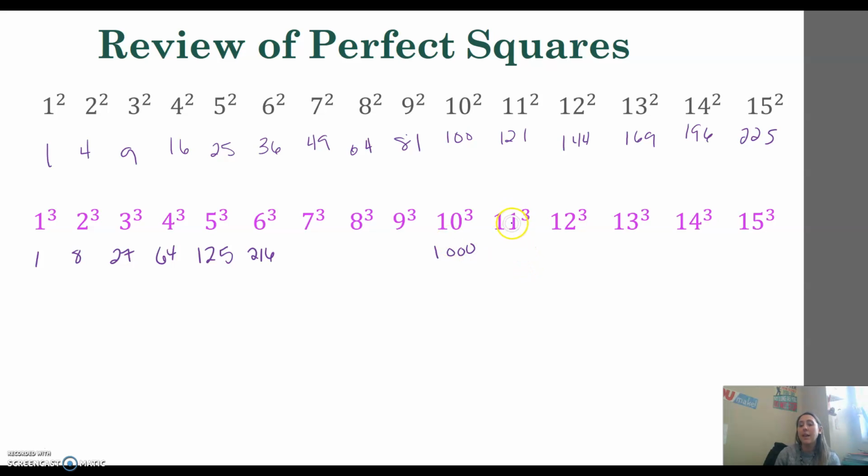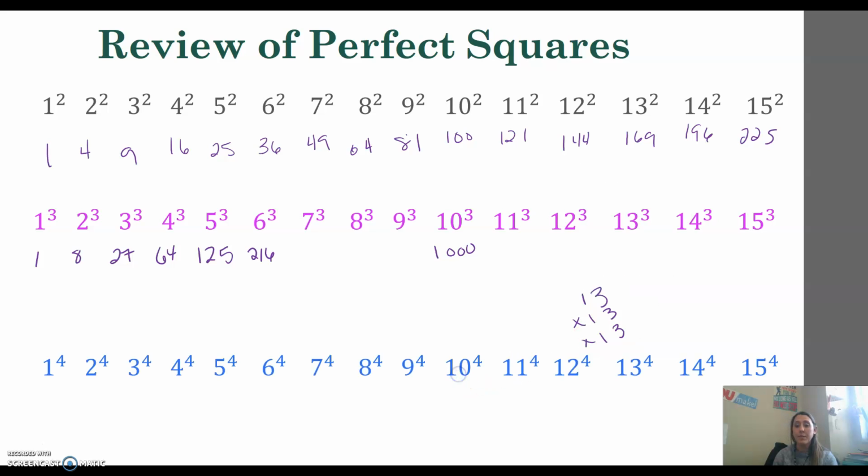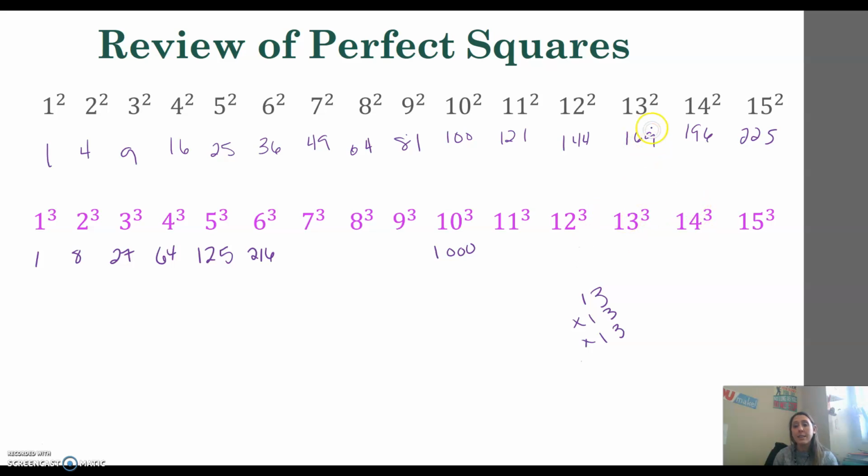To get to 11 cubed, actually I'm going to do 13 because it looks a little bit different. If I'm doing this without a calculator, I can do 13 times 13 times 13. Or I can take what I know: I already know what 13 squared is.